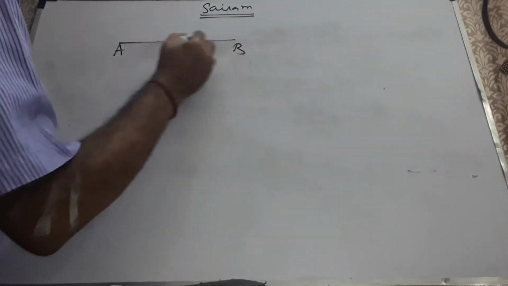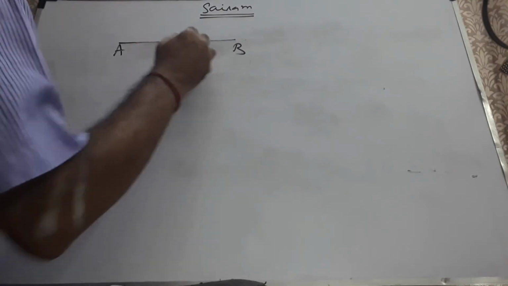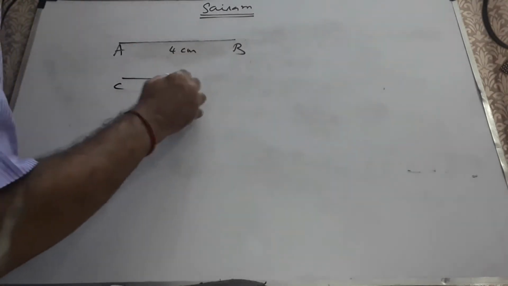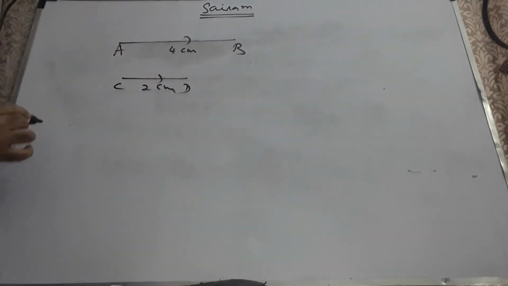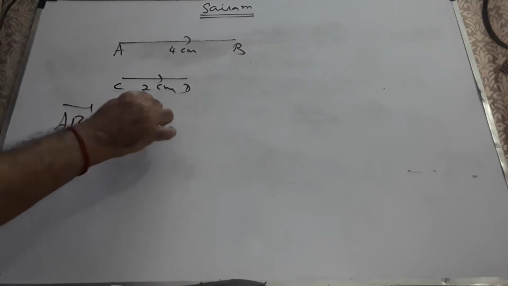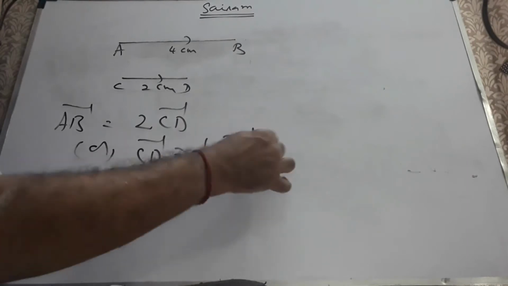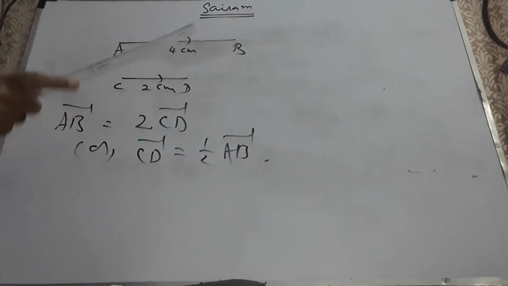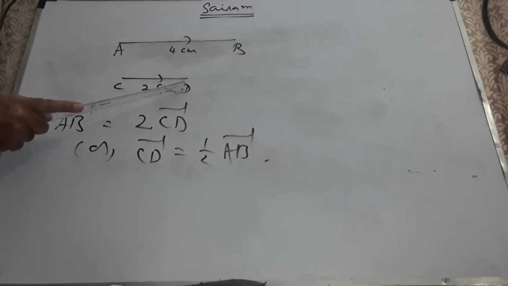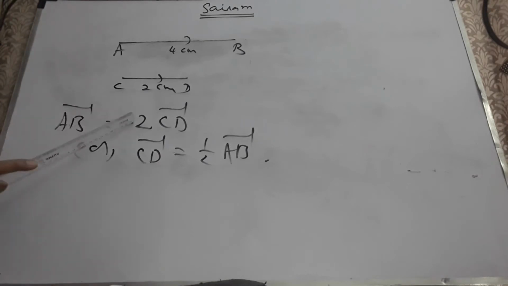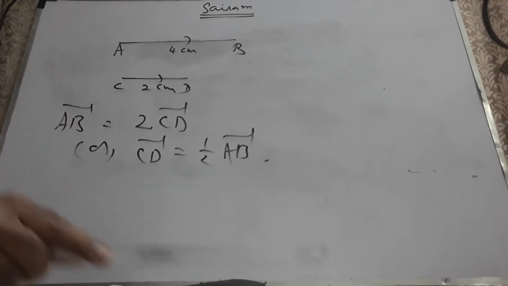Let us imagine AB is of length 4 centimeters, and CD, let us say, of 2 centimeters. They are of the same direction. I'll be able to write AB as 2 CD vector, or CD vector is equal to half AB vector. Just listen carefully. If I am given two vectors AB, CD of the same direction, with length of AB 4 centimeters and length of CD 2 centimeters, or modulus as we call it in general, I'll be able to write AB vector as twice CD vector, or CD vector as half AB vector.